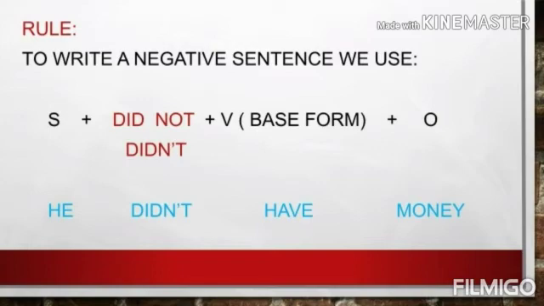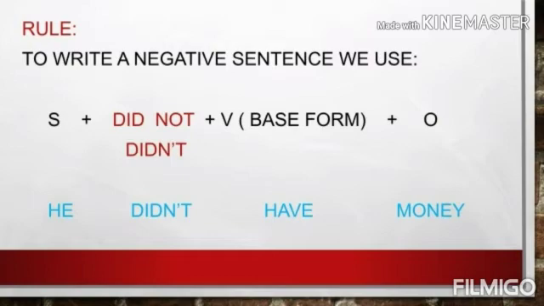Now let's move how to write negative sentences or negative form. To write a negative sentences, we use subject plus did not or didn't. Did not, it's long form, and didn't, it's short form. Plus the verb, it means base form. Okay, we don't change the verb.